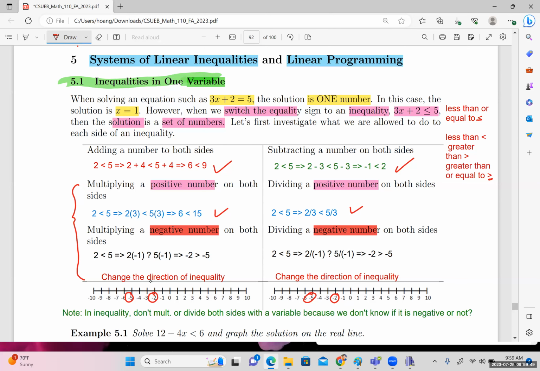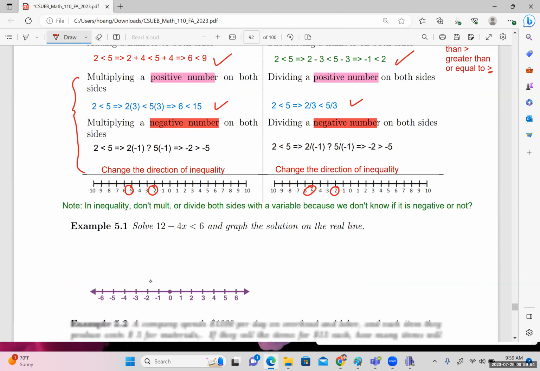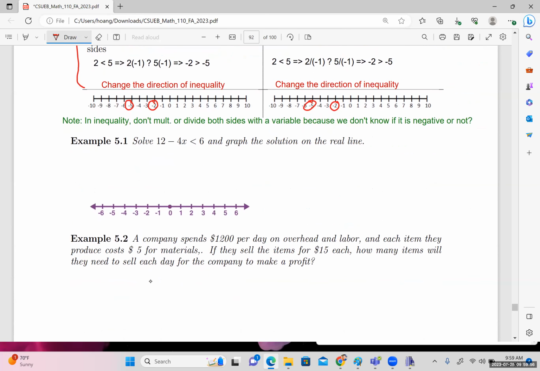Okay, so now let's do an example. I want to solve the inequality 12 minus 4x less than 6. So we have 12 minus 4x less than 6. What we do is we have to subtract both sides by 12.